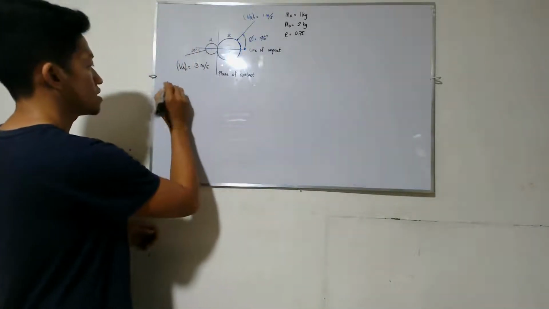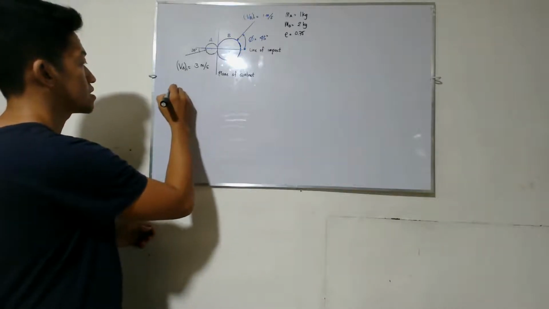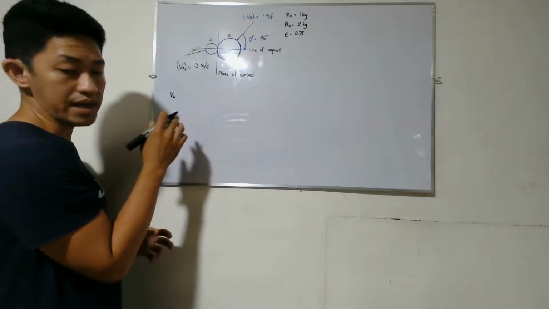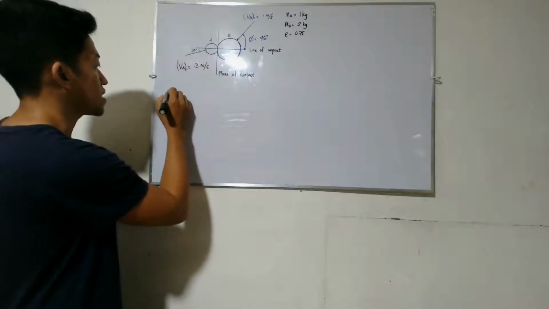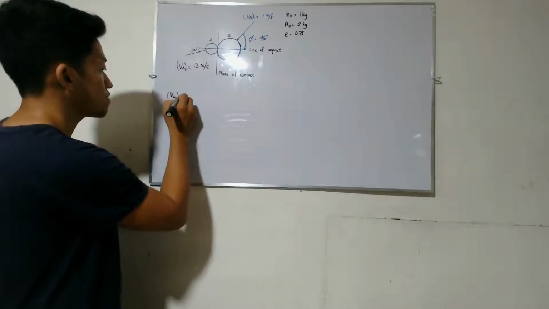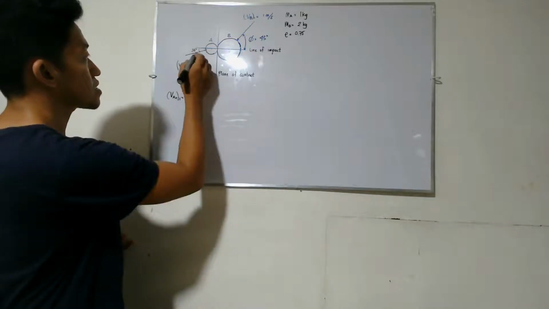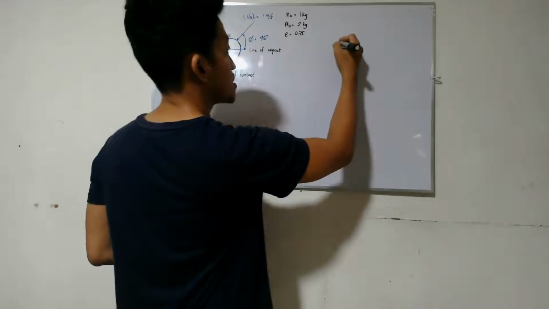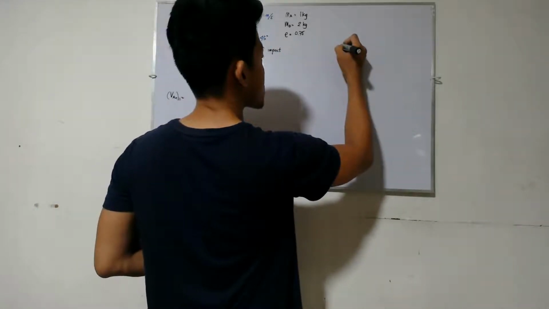First, let us resolve the components of A and B, the initial velocity along x and y. By the way, if we draw the impulse and momentum diagram for A and B, it will look like this.